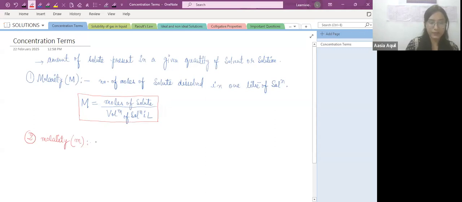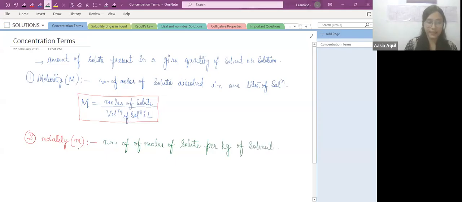Okay, there's a slight difference between molarity and molality. Molality says the number of moles of solute present per kg of solvent, right?